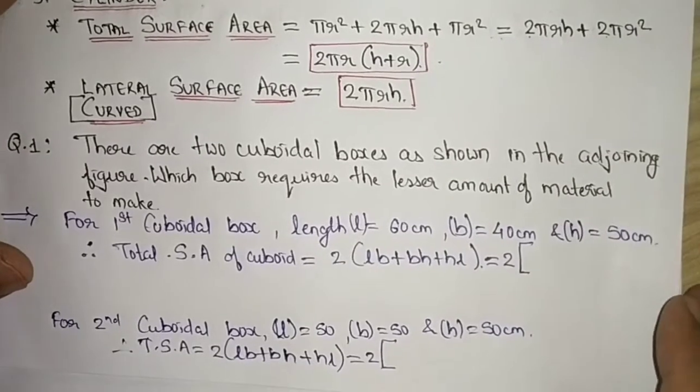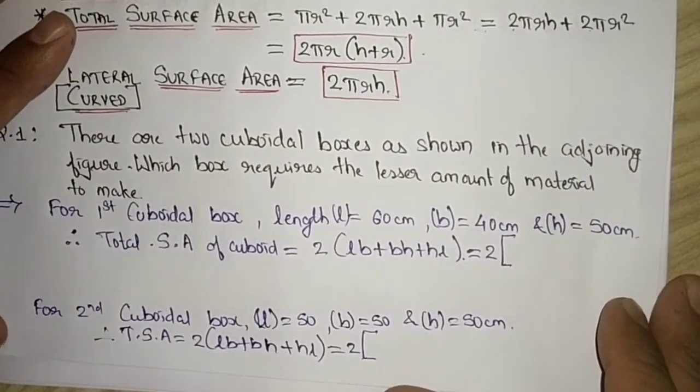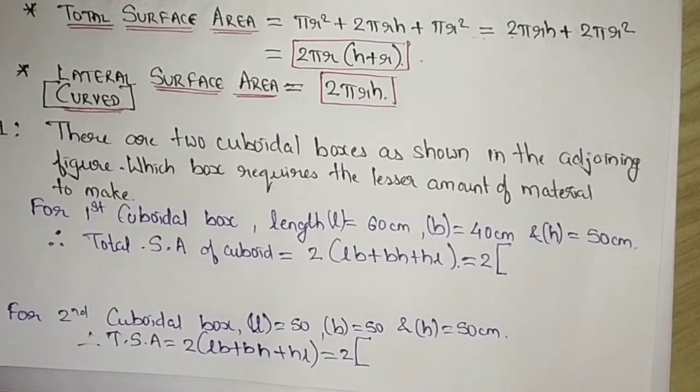Question number 1 says, there are two cuboidal boxes as shown in the adjoining figure. The figure is given to you in the textbook.